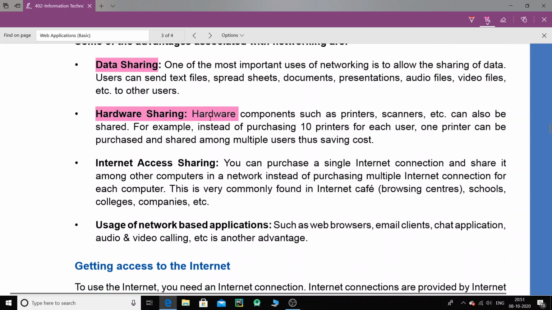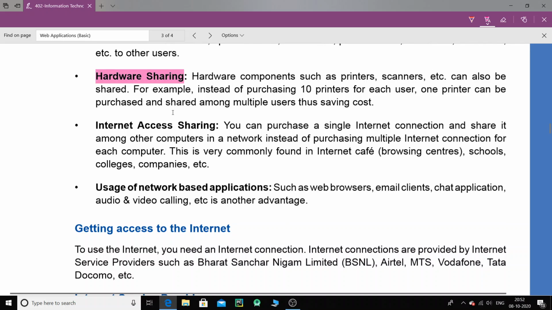They can also share hardware resources, right? In our lab we have around 50 PCs, and for 50 PCs we have only one printer. So that printer is being shared with the entire network. That is called hardware sharing. Internet access sharing also, right?